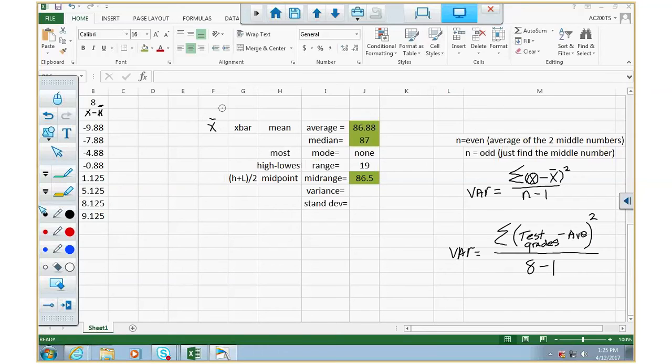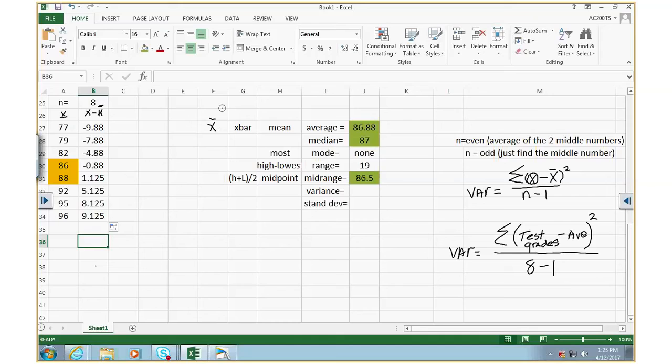Get those numbers? Make sure you get every one of them, that way you'll have it in your notes. 88 minus 86.88.